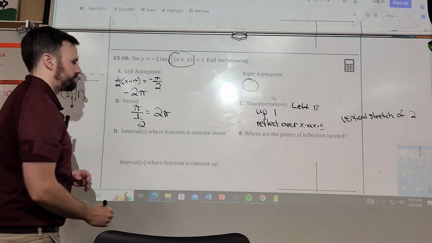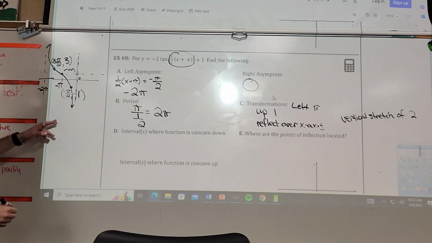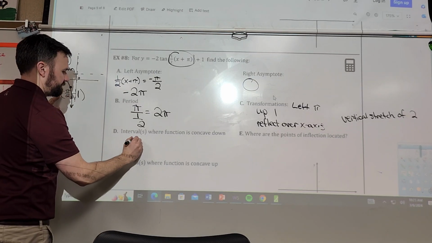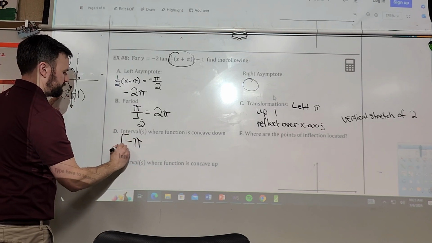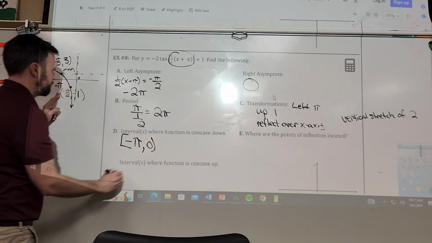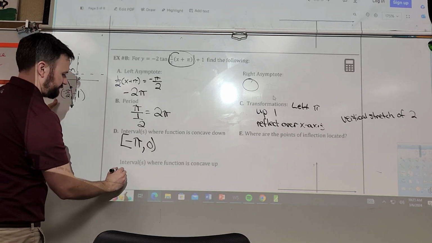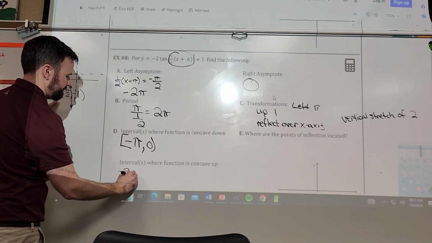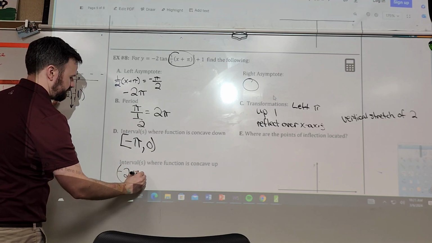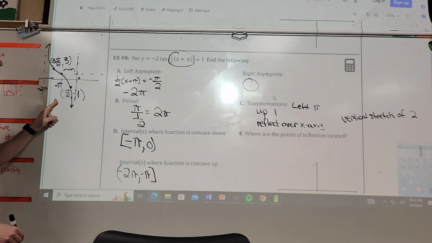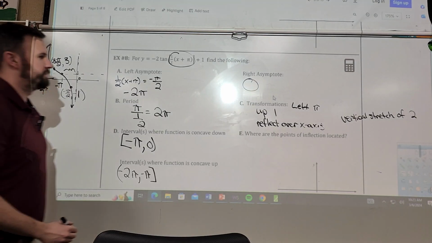All right, where am I concave down? Negative pi to 0. Asymptote gives you parentheses. Where am I concave up then? Yep. And then what makes my point of inflection?